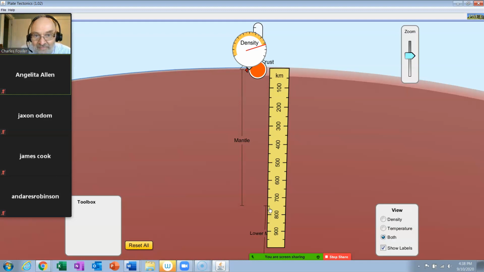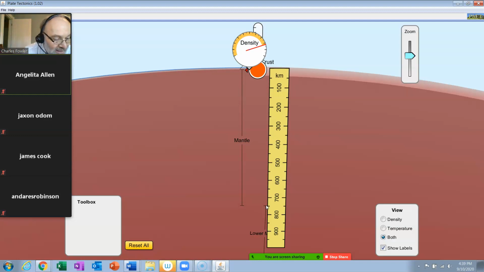What's the next question? What is the crust in the upper mantle called? When you combine the crust with the upper mantle. Here's the crust up here. Combine that with the upper mantle down to here. What is that called? If you're still on page 464, there it is in the next paragraph after asthenosphere.